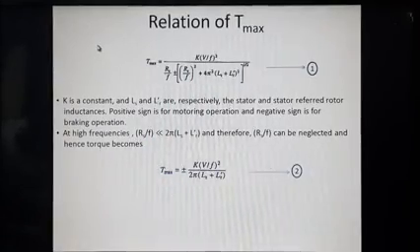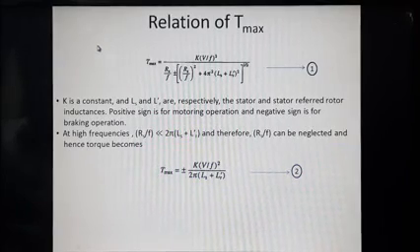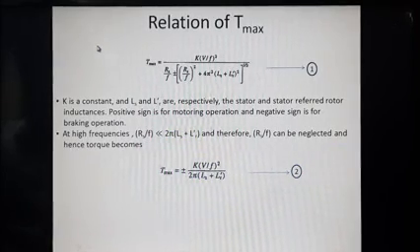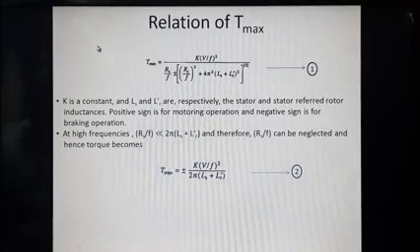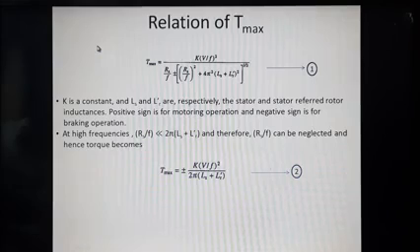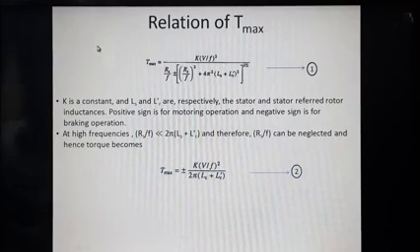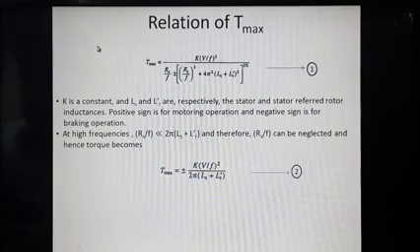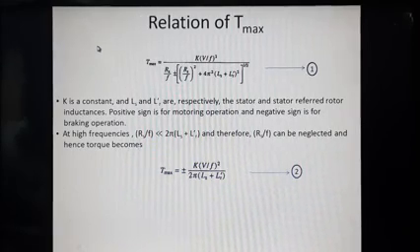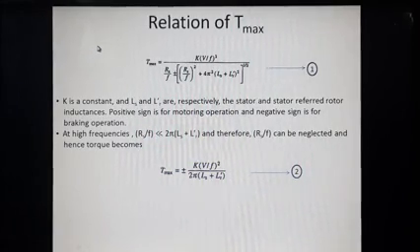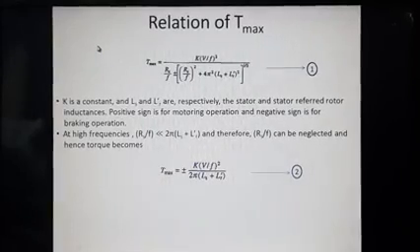Whereas when the value of frequency is very small, or if you are trying to control the speed to a very small value, then it is not possible to neglect the Rs by F term in the denominator. In such a case, during the motoring operation, the value of Tmax is getting reduced and the value of Tmax will be increased during the braking operation.